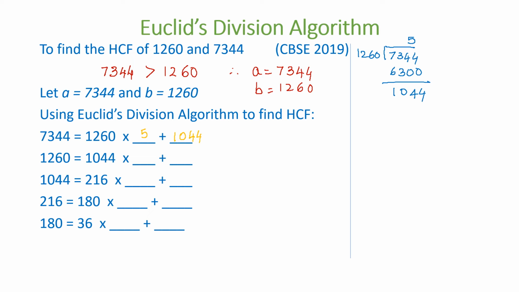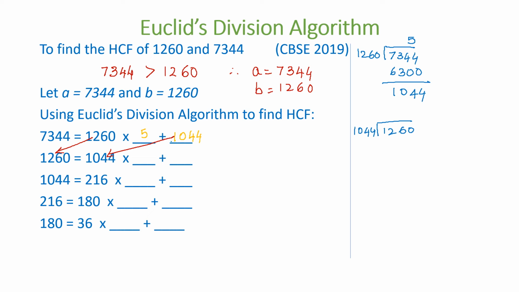Now I am going to write down this 1260 comes here and 1044 comes here. I use a different ink so that it's easy for you to see. So now I am going to divide 1260 by 1044.